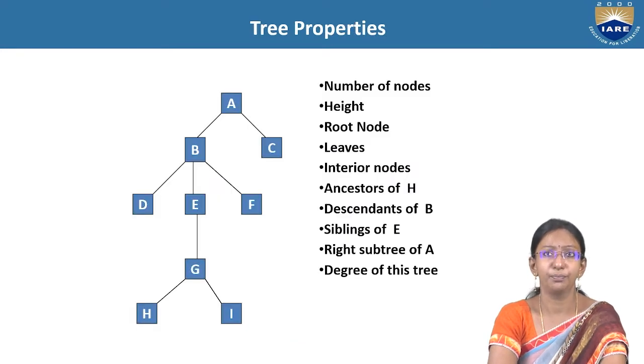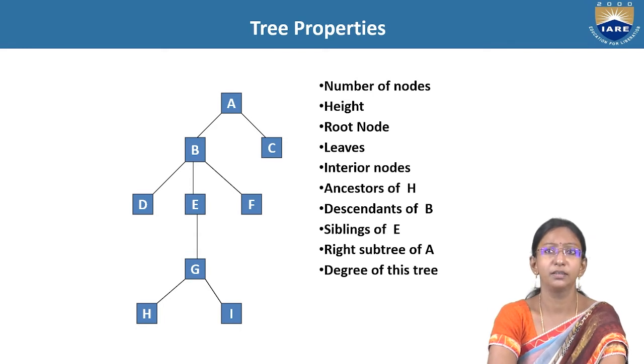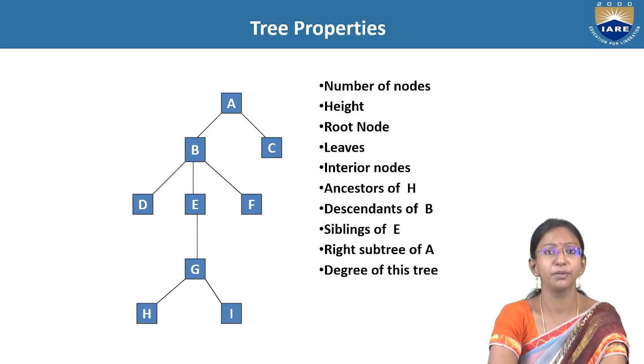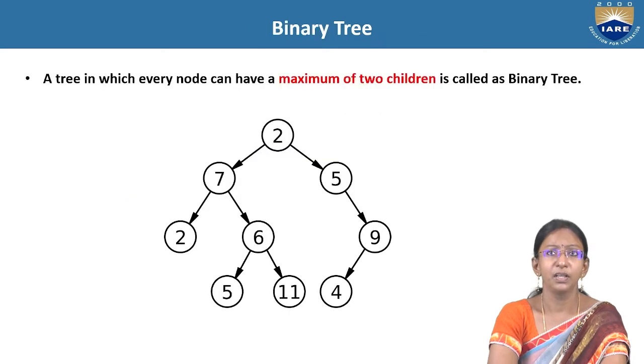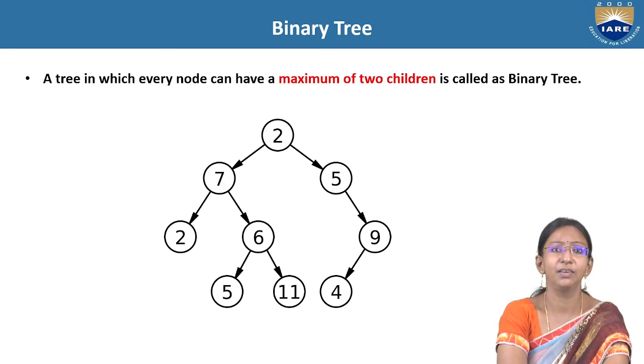Next, the basic properties, that is the number of nodes, the height, the root node, leaves, interior nodes, exterior nodes, ancestors, degrees, all these things will be the basic properties of any tree. Next, a class of a tree where we put a restriction saying that it can have a maximum of 2 children is nothing but a binary tree, right?